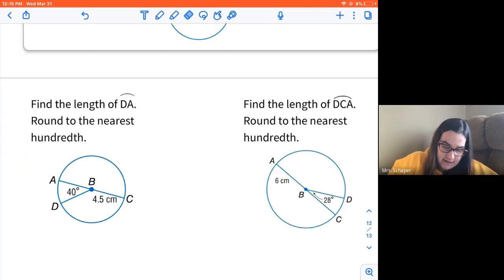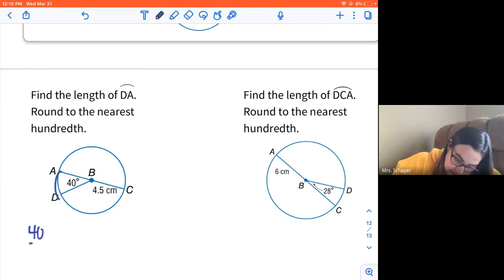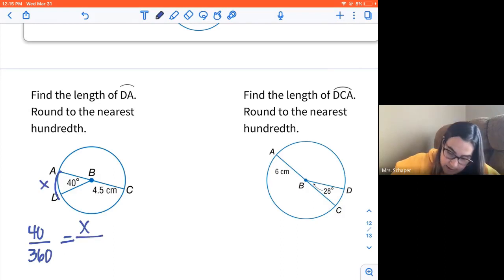So let's take a look here. Find the length of DA. So we want to find how long this is. I'm going to say that 40 degrees is to 360 as x is to pi times diameter. So this represents the total degrees. This represents the total circumference.